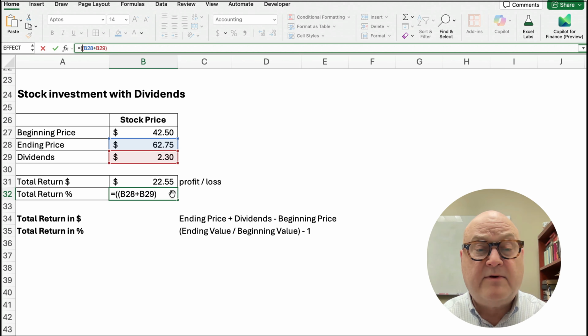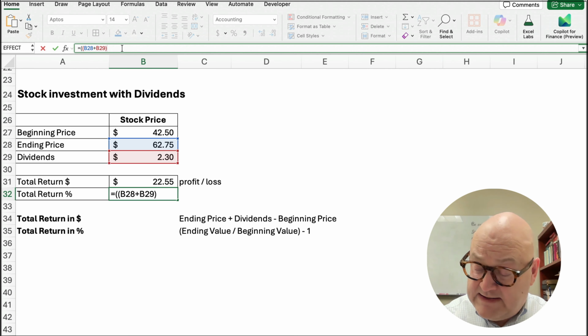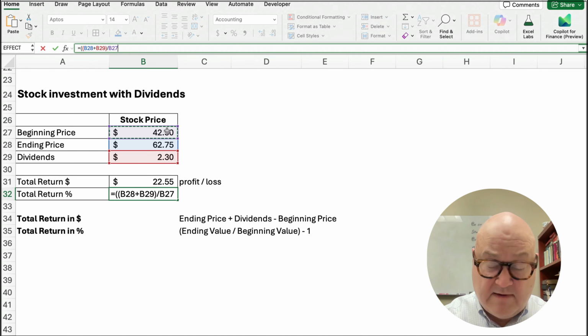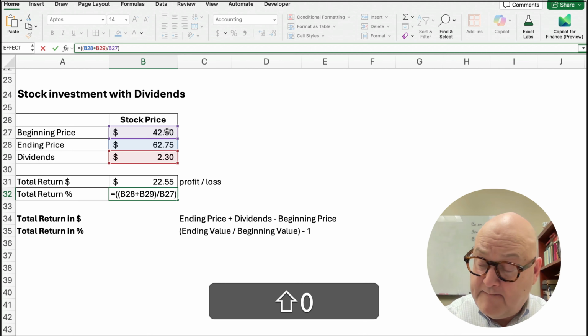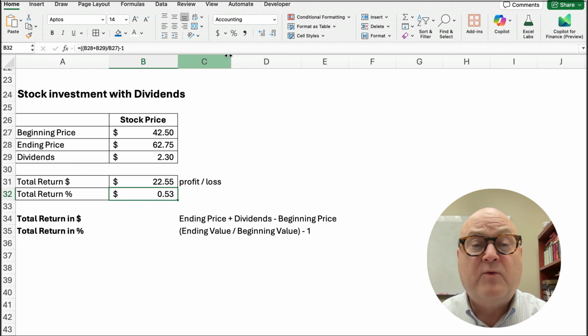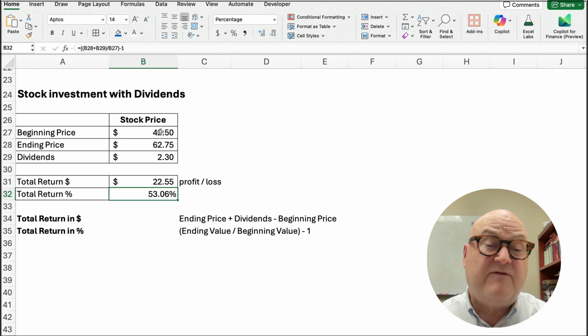So this number divided by the 42.50. I'm going to close that bracket, minus the 1. So what kind of rate of return have we earned? Let's make it percentage. We've earned about 53%, because we earned $22 on an original investment of $42. That's a 53% rate of return.